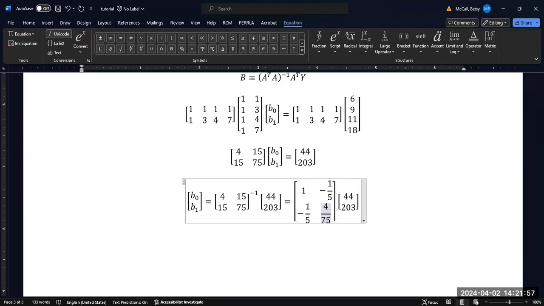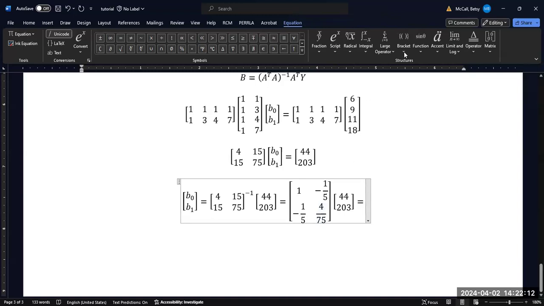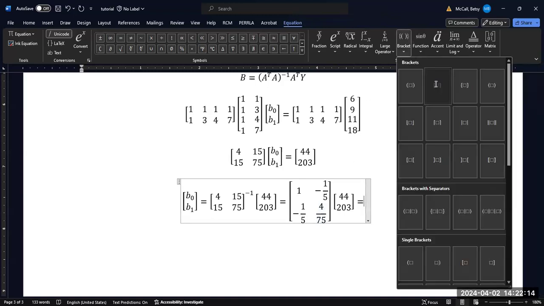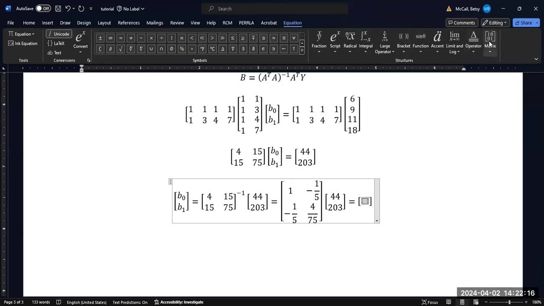And then when we multiply that times our A transpose Y, we'll get our coefficients.